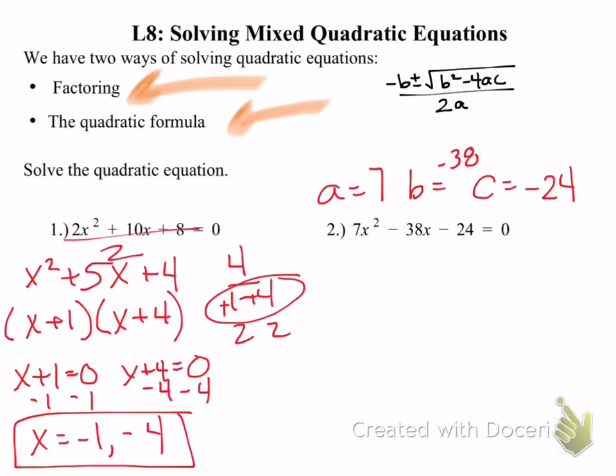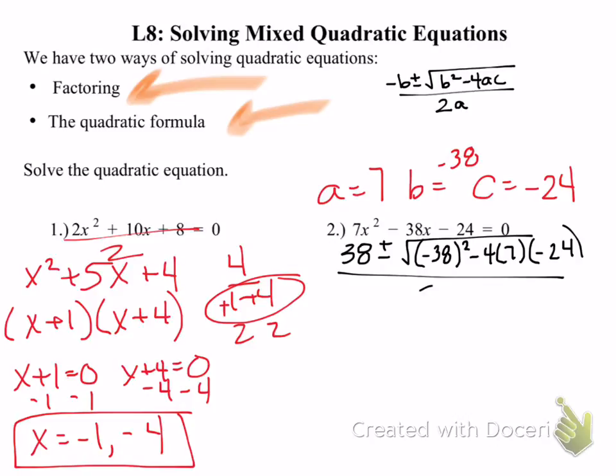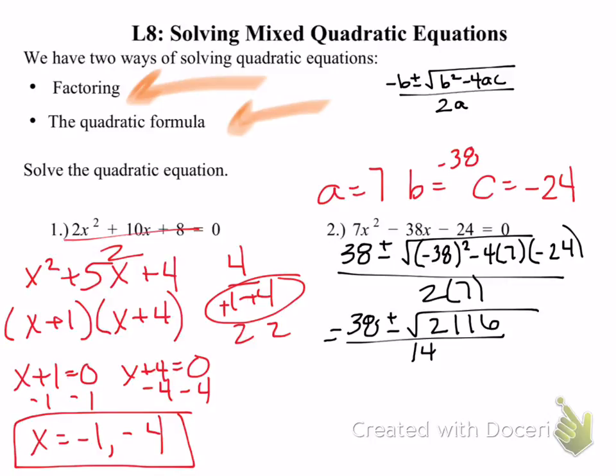First thing we're doing is the opposite of b. If b is -38, that means we're going to put a positive 38. So 38 plus or minus the square root of b squared, which is -38 squared, minus 4 times a, which is 7, times c, which is -24, all over 2 times a, which is 7. If I simplify that in my calculator, I've got 38 plus or minus the square root of 2,116, all over 14.